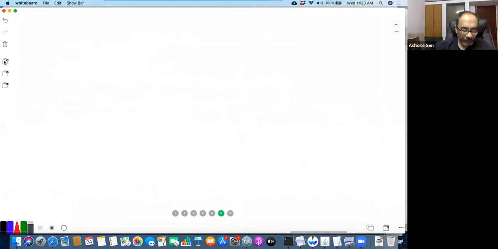Now let me draw the diagrams once more. It turns out there are three kinds of diagrams that one should write down. One is this one that we have drawn. The other one is the contact diagram.